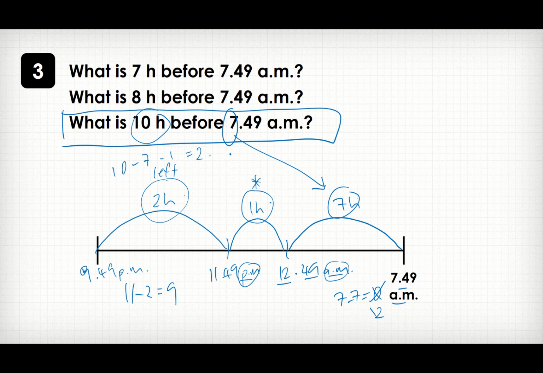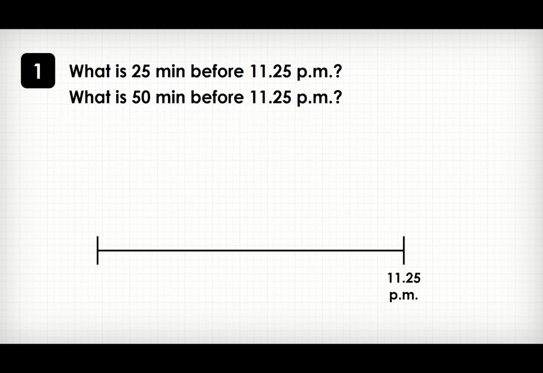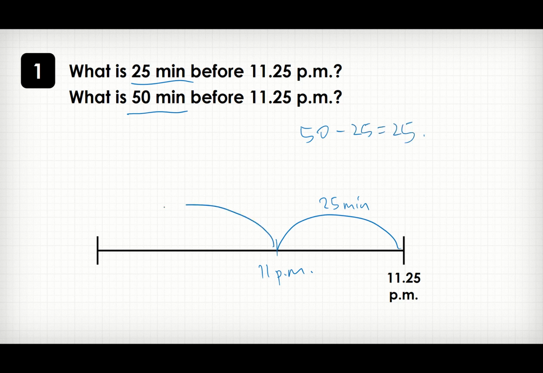Okay? Now, what is 25 minutes before 11:25 p.m.? Now we look at minutes. 25 minutes will simply remove all the minutes and give us 11 p.m. Now, what is 50 minutes before 11:25 p.m.? 50 minus 25 is equal to 25. So I need to go back another 25 minutes.